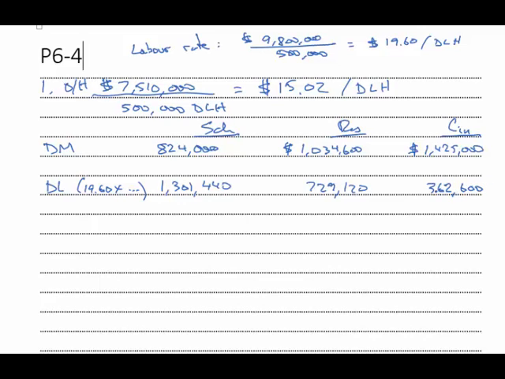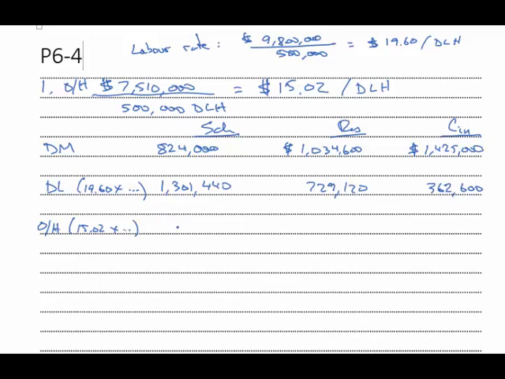Again, we're taking our rate and multiplying it by 66,400 hours for schools, 37,200 for residential, and 18,500 for the cinema. And then for the overhead, this is 15.02 times the appropriate number of construction or direct labor hours.